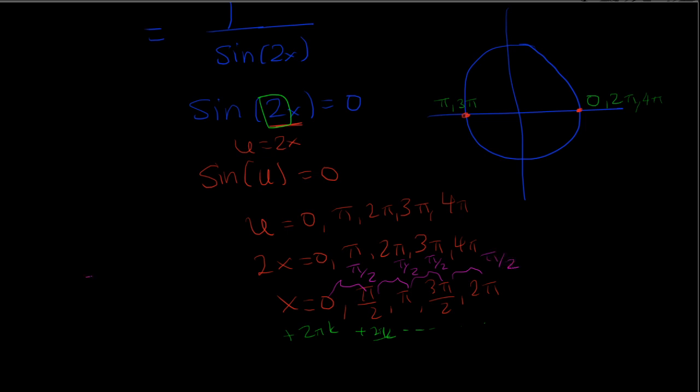So we can just say it's going to be any multiple of pi over 2 k, where k is an integer. So all these points in the form of pi over 2 k is where it's not going to be continuous. Not continuous for x equal to pi over 2k. So everywhere else, it's going to be continuous.